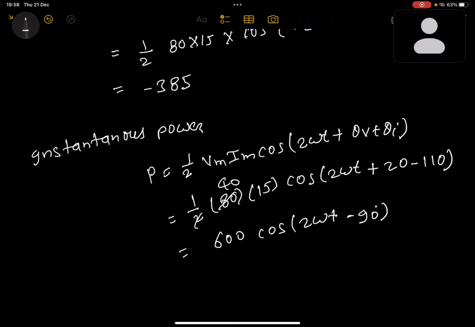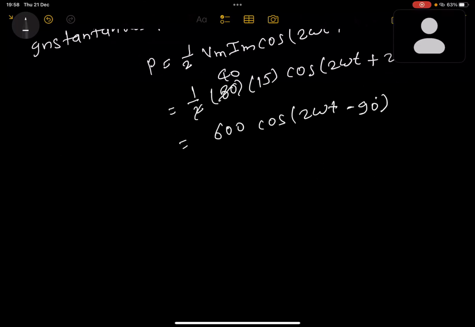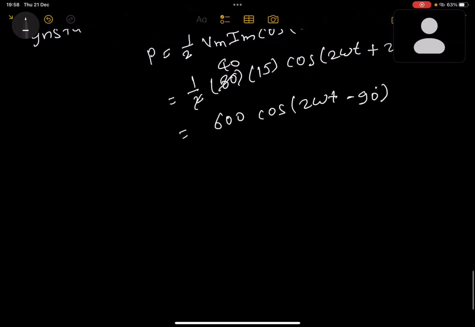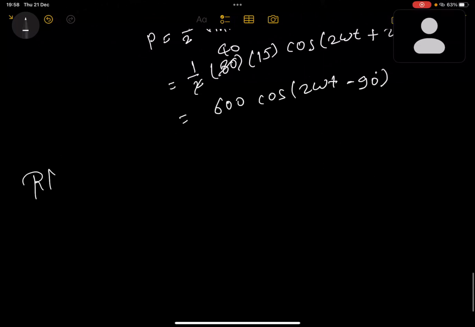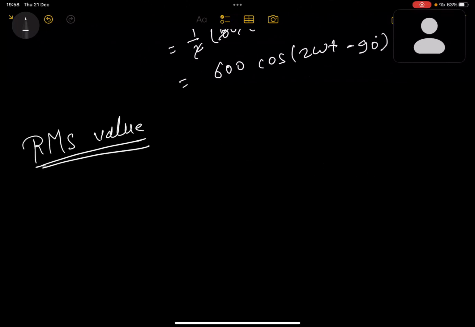Now we go for the RMS value. What is the RMS value? The RMS value has another name: effective value.